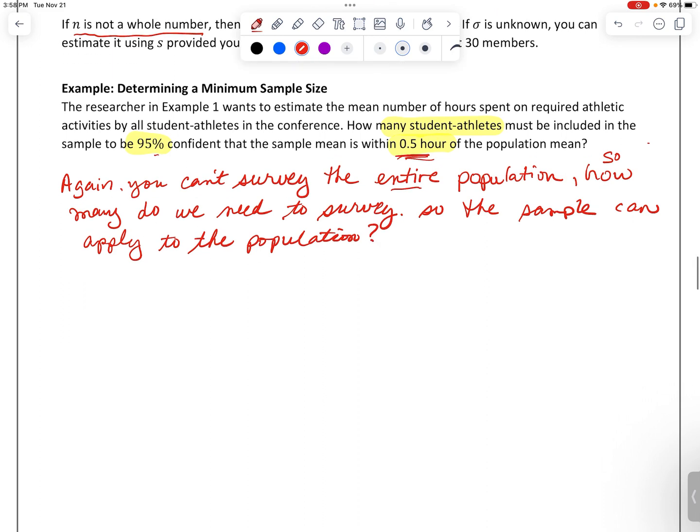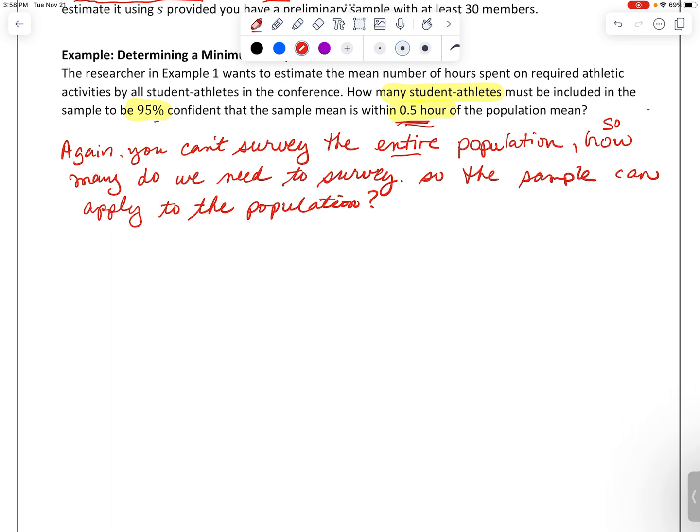How many do we need to apply to the population? Again, think about voting. You cannot survey everyone who is going to vote. So how many do you need to sample so you can make the best prediction for the election?